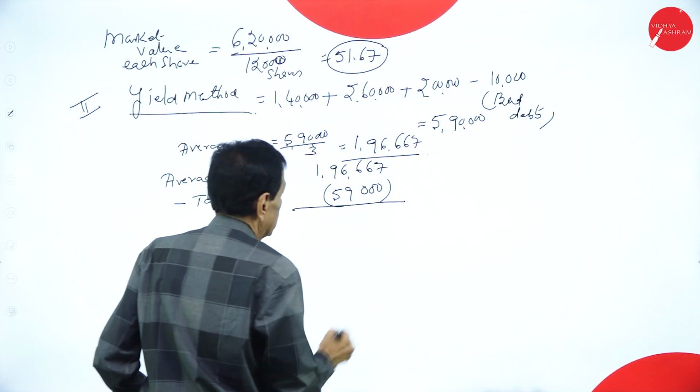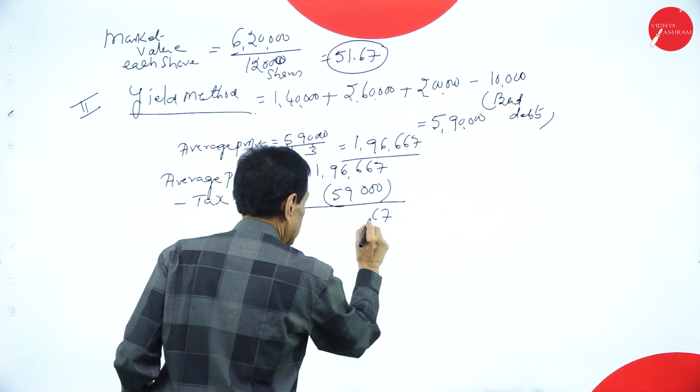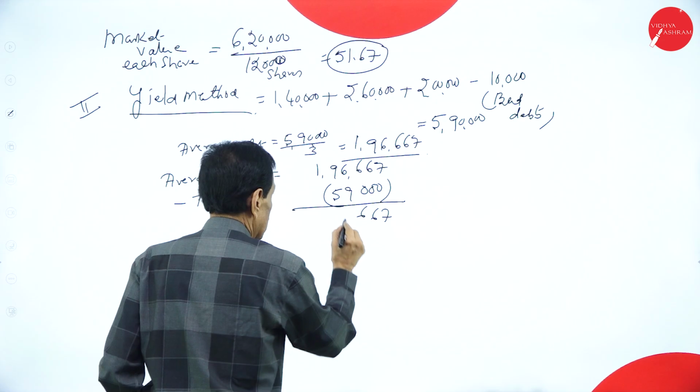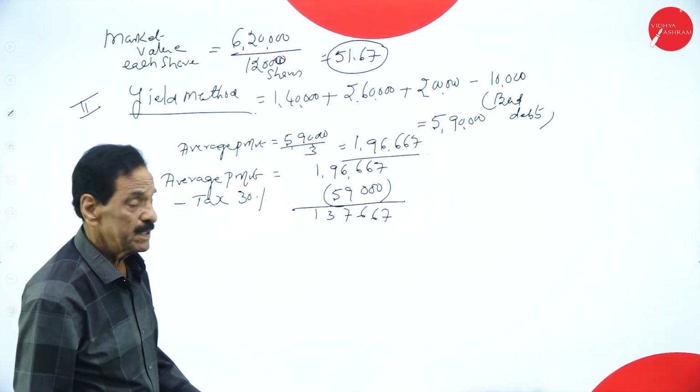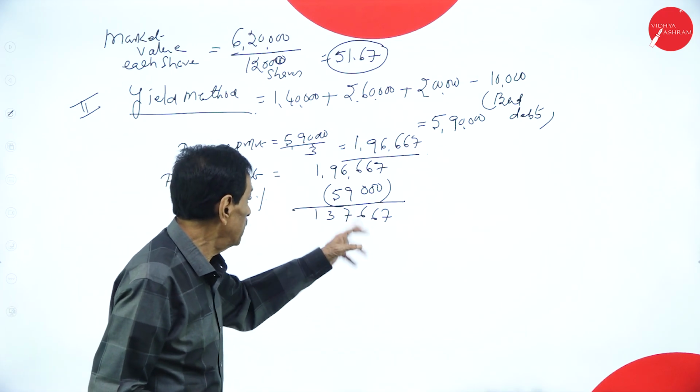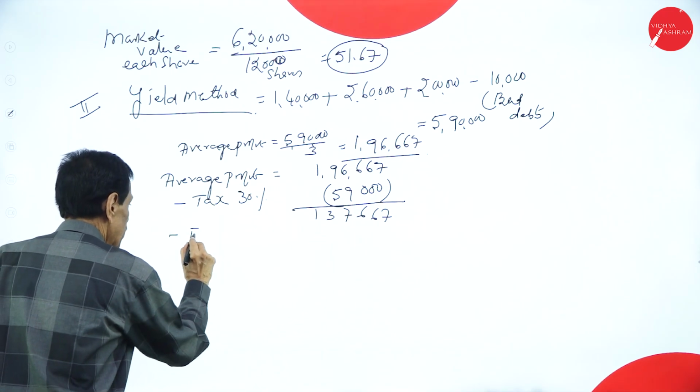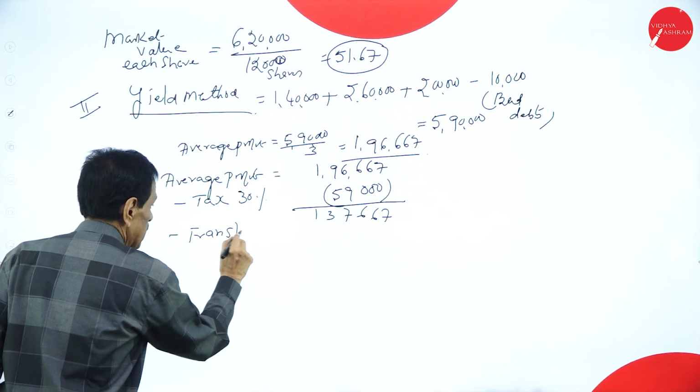Minus this, we get 1,37,667. Minus transfer to reserve. This is a format.